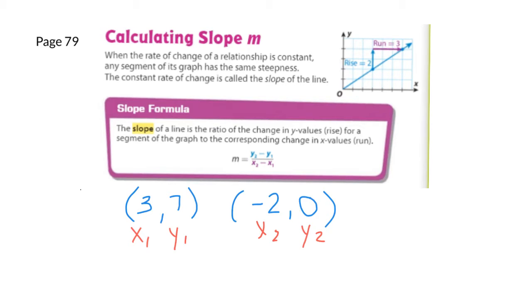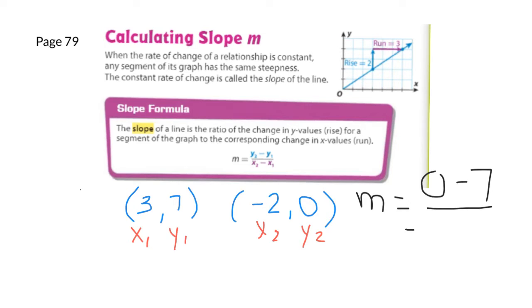So let's plug these in. So I'm going to have m equals, well, the y2 comes first minus y1. So here's my y2, here's my y1. So y2 minus the y1. And on the denominator, x2 minus x1.